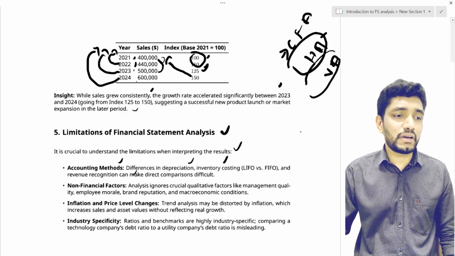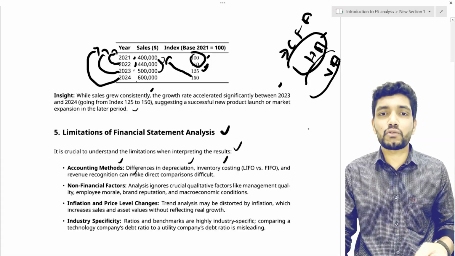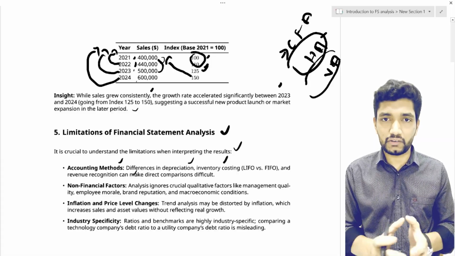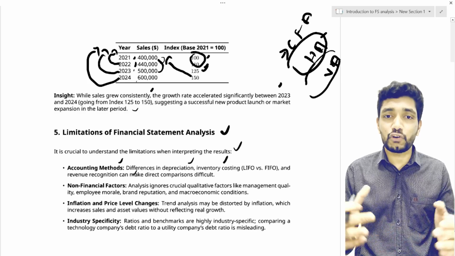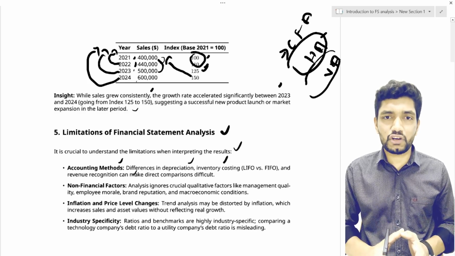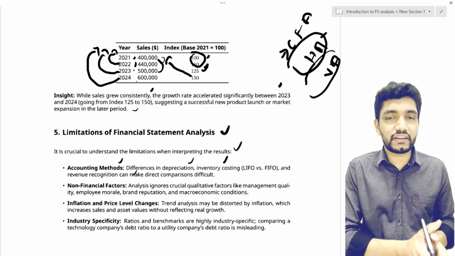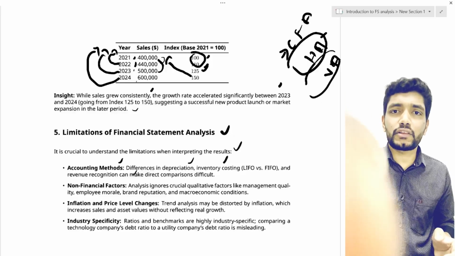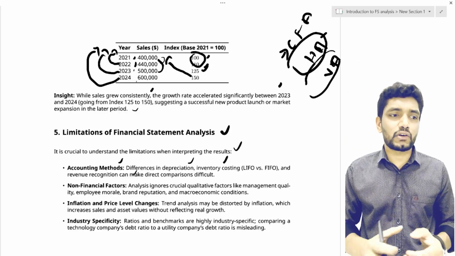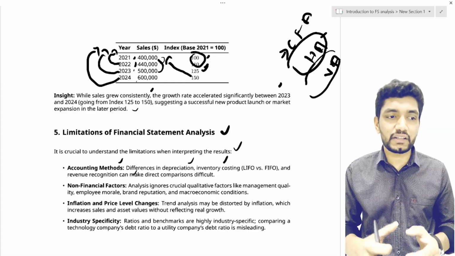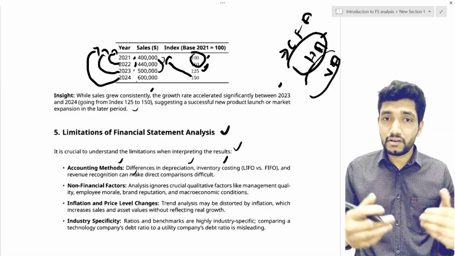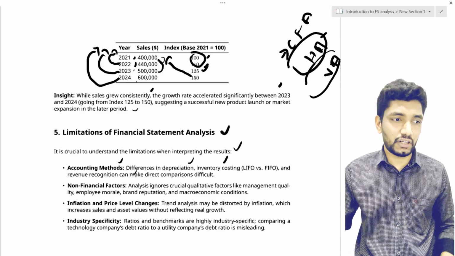Just assume two companies are using different depreciation methods, so their profit and performance can vary in their own books of account. So if you are comparing these two financial statements, you have to see which depreciation method is used by each company before going into a final interpretation.